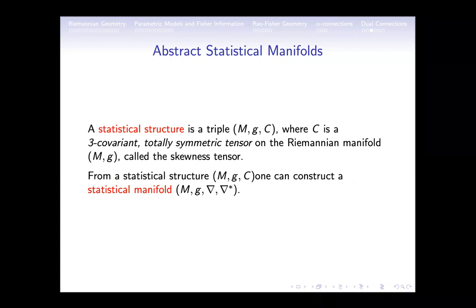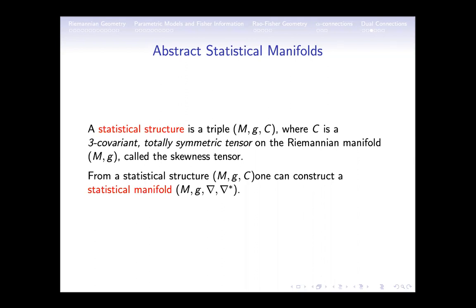And then, to give a glimpse of the current field of study of information geometry and its mathematical structure, we define abstract statistical manifolds. We start with a statistical structure, which is a triple (M, g, C), where C is a 3-covariant totally symmetric tensor. This is called the skewness tensor.